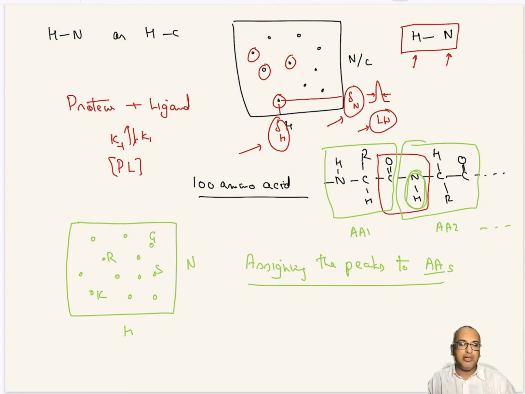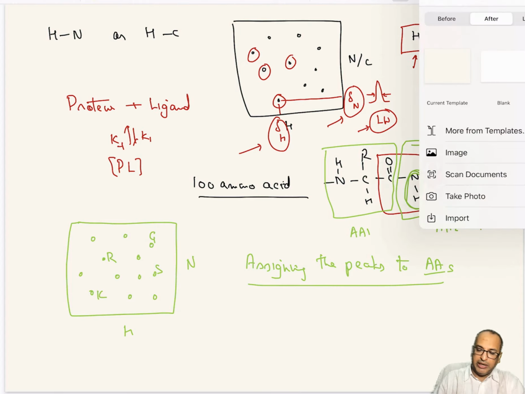What is the role of NMR? What kind of experiments do we have to design? To explain this, let us discuss two experiments. One of the experiments is called the HNCA experiment. I will come to what it means. And a complementary experiment is called HNCOCA.